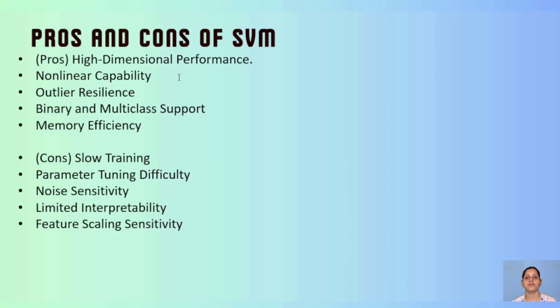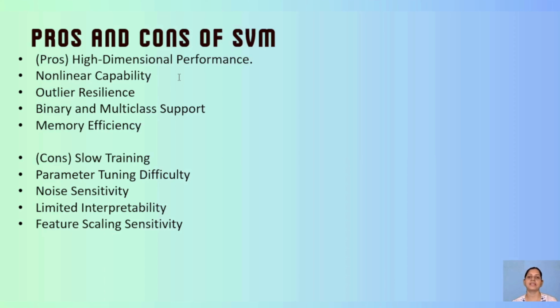It's difficult to determine. It's also less effective with noise. If a data set has high noise or high variance, it's not going to perform well. It has limited interpretability.